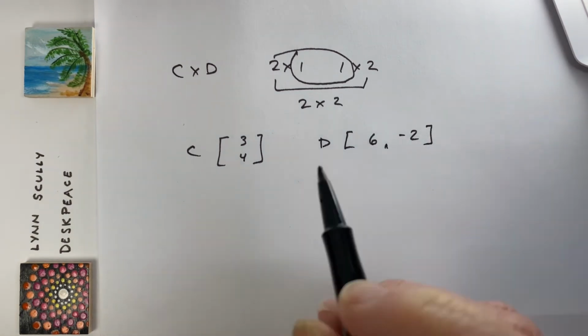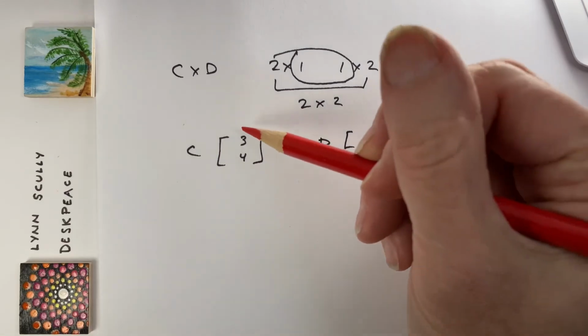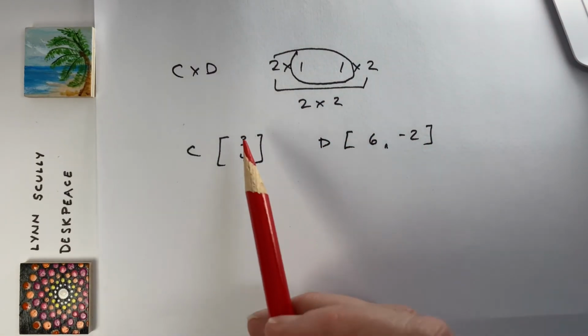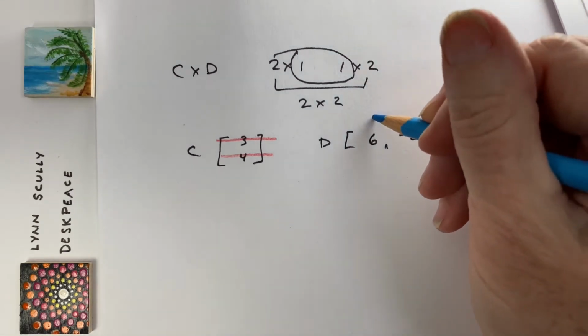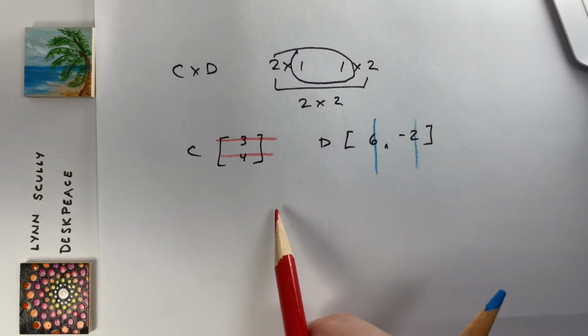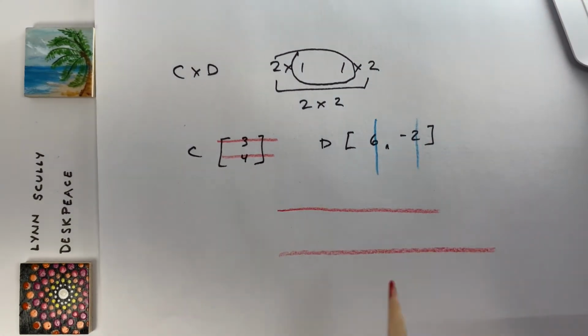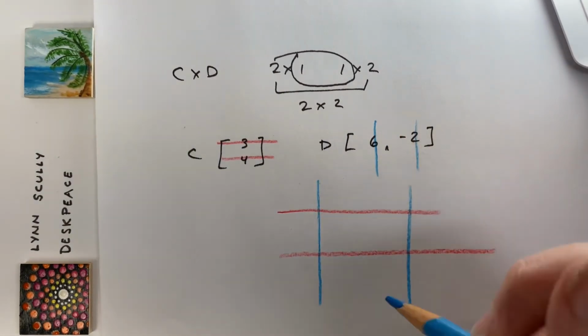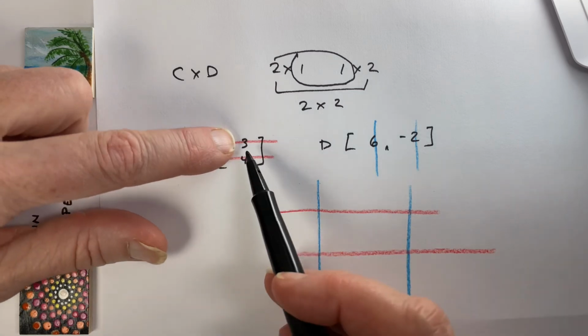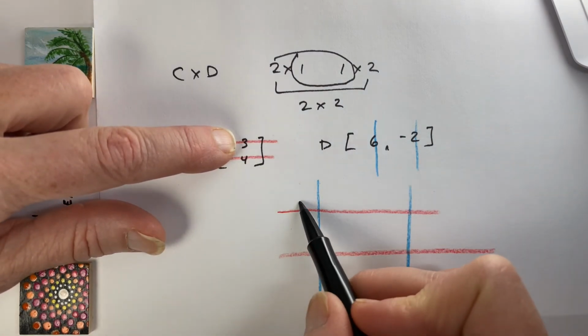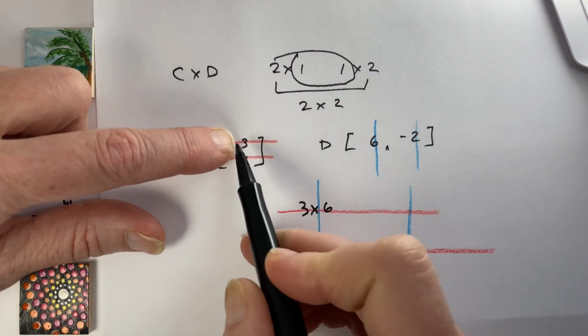You don't put a comma there, unless you're doing it on the calculator, but we're not doing that today. So since I'm doing C first, I have to do the rows in that one and the columns in this, and that totally matters. Rows, columns. Now I have my places to fill in. So 3 times 6, and I'm done there.